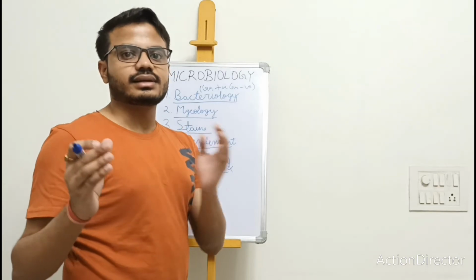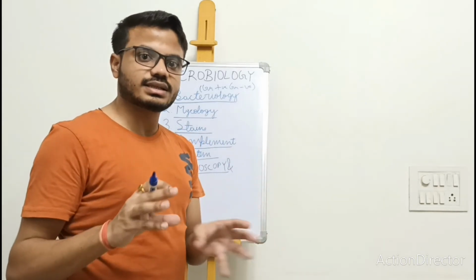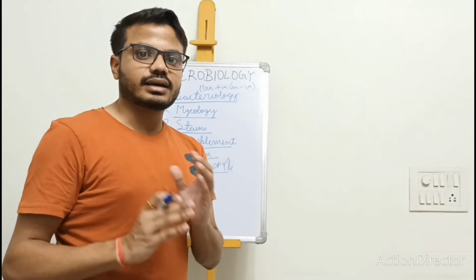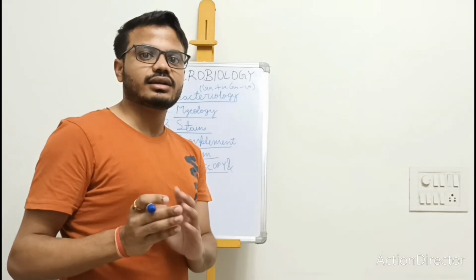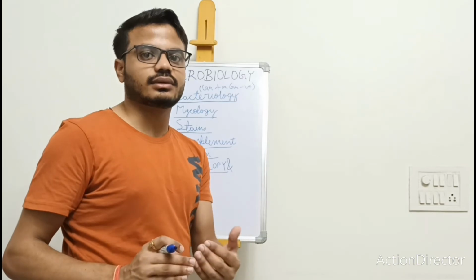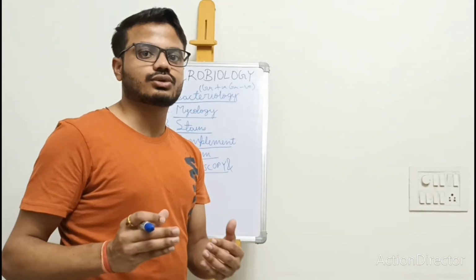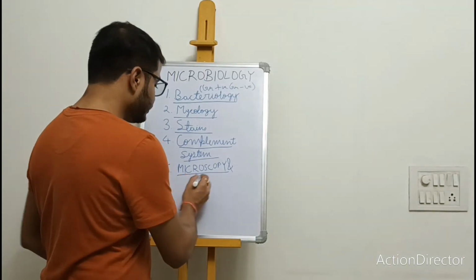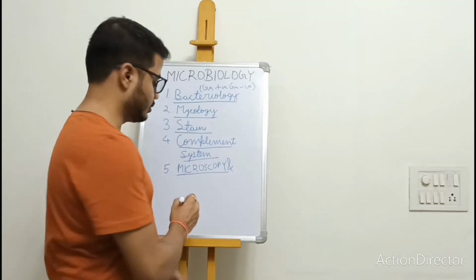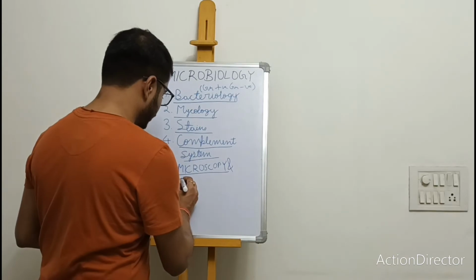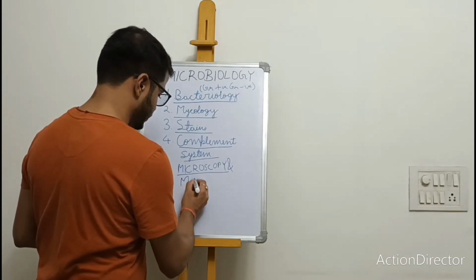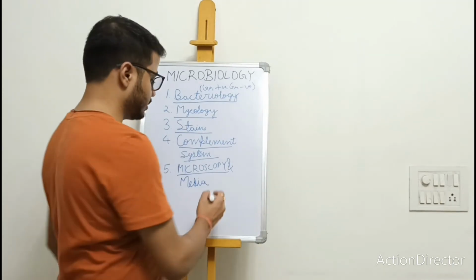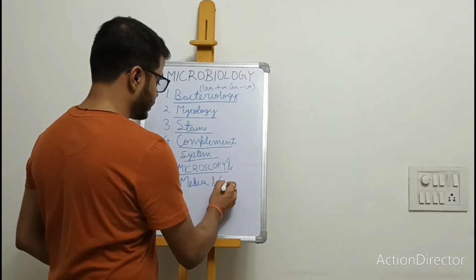Then electron microscope images you have to get to know. They are normally black and white, so you must know that electron microscope images are black and white, right? And in these you have to know about the media, and several cultures.